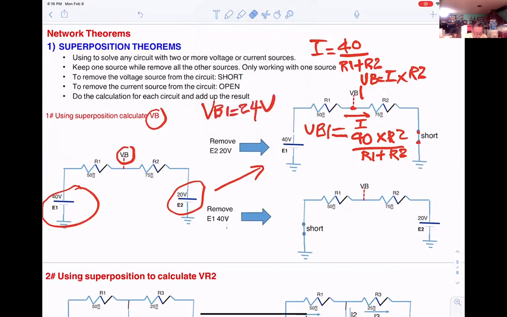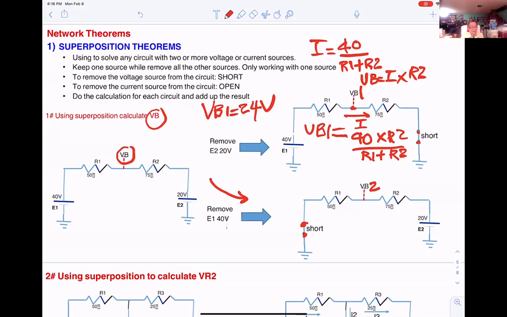I will remove this source and keep this one. So now I say remove 40. You see that short here, and you get 20 volts here. And that's what I call VB2.